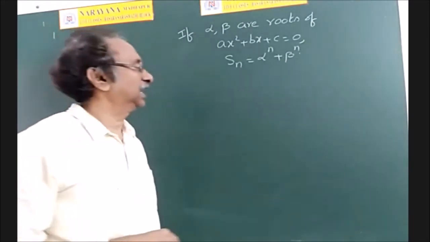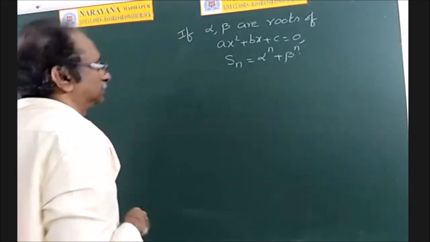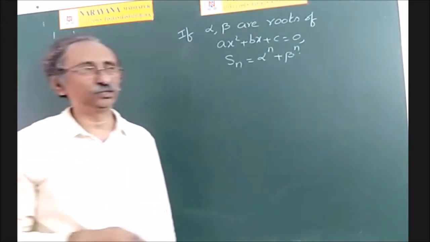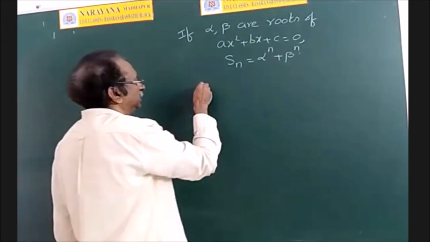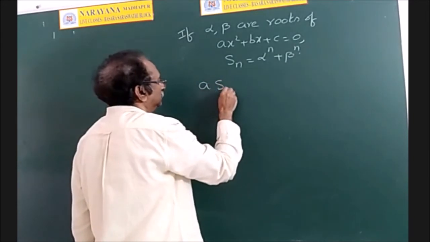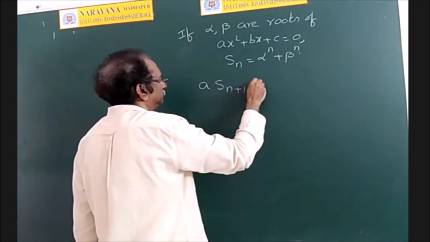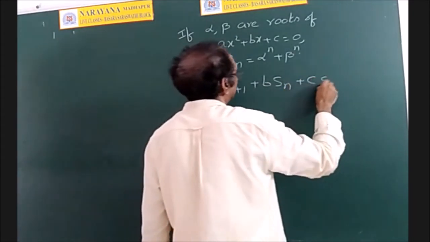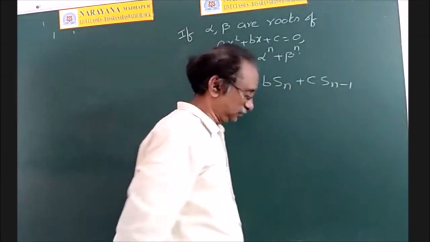So what is Sn? Alpha power n plus beta power n. For example, S3 is alpha cube plus beta cube, like that. Then the question is a Sn plus 1 plus b Sn plus c Sn minus 1.